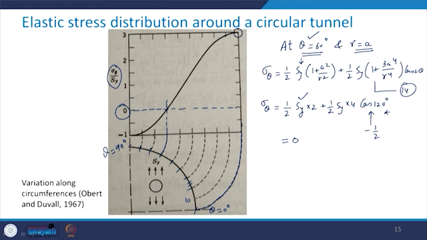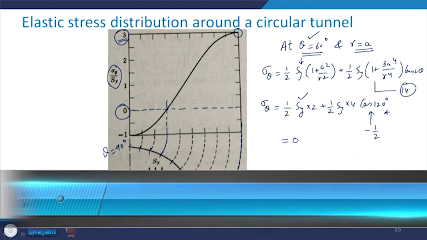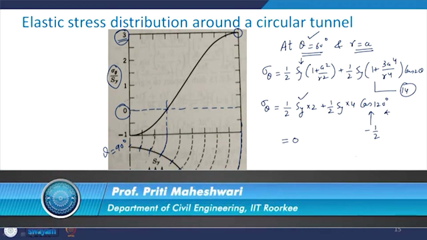Corresponding to this point, your sigma theta upon Sy works out to be 3. This is how one can show the variation of these stresses all along the circumference, along any axis, say along the x axis or y axis.